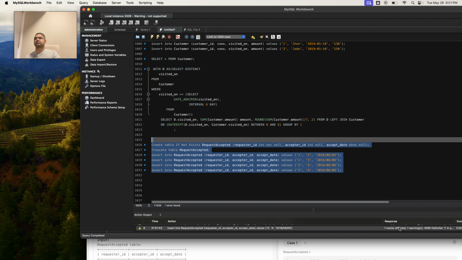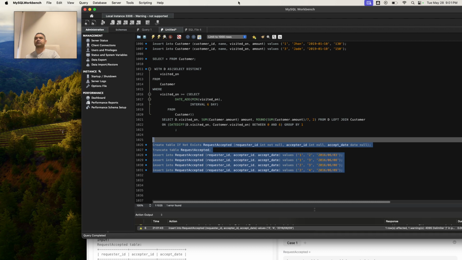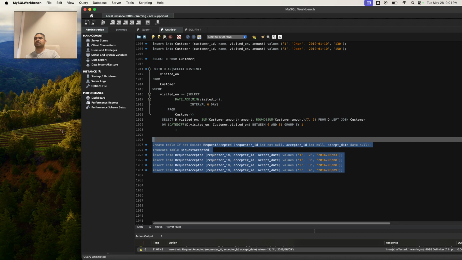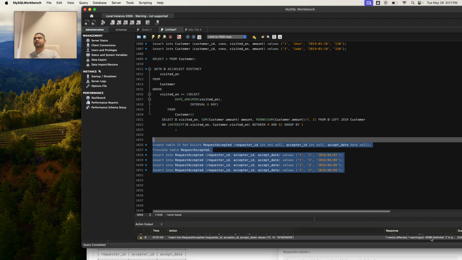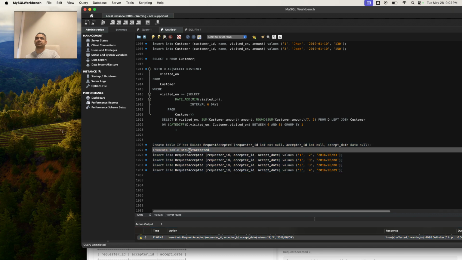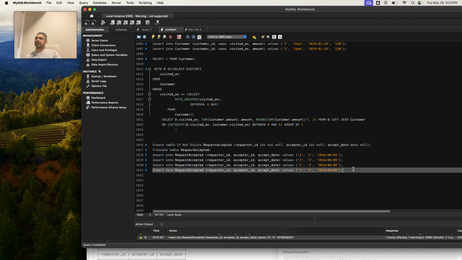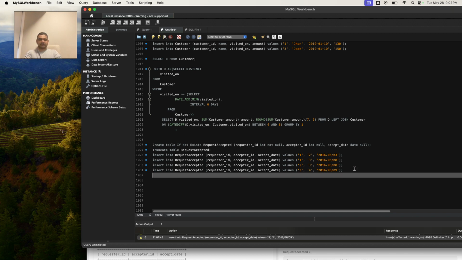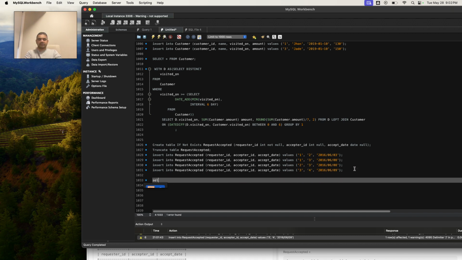There are some issues here, warnings, I don't know what exactly. One row affected, delimiter. Something related to the formatting, I guess. Anyway, it's only a warning, so I'm not caring much about that.